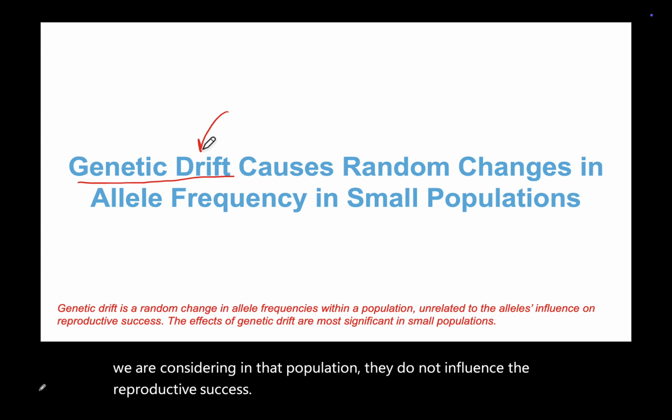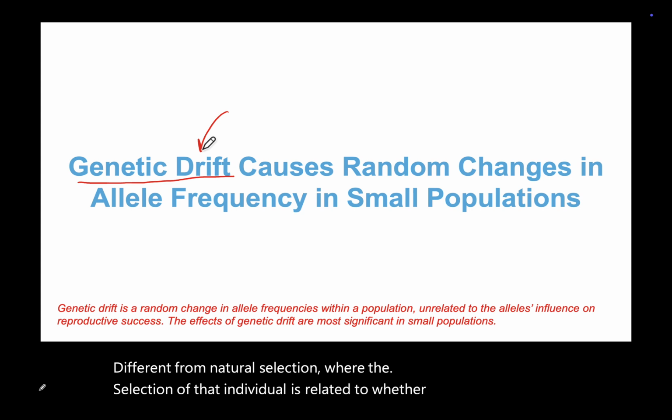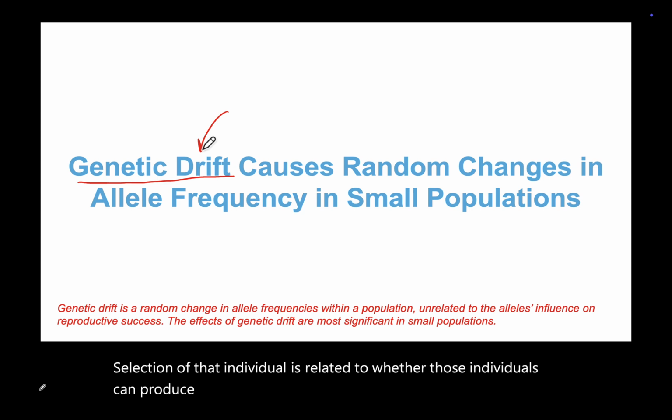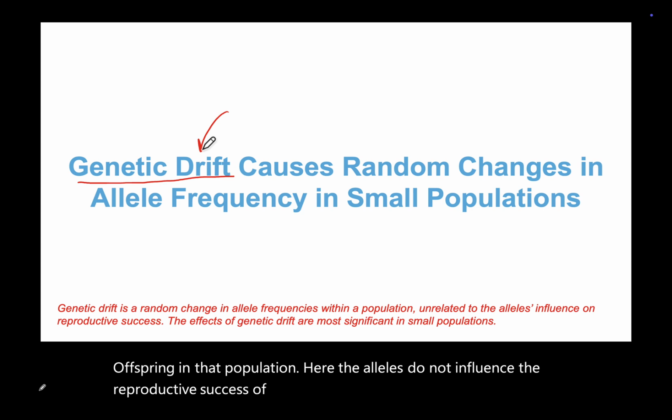Different from natural selection, where the selection of that individual is related to whether those individuals can produce more or less offspring in that population. Here, the alleles do not influence the reproductive success of that population. Okay?